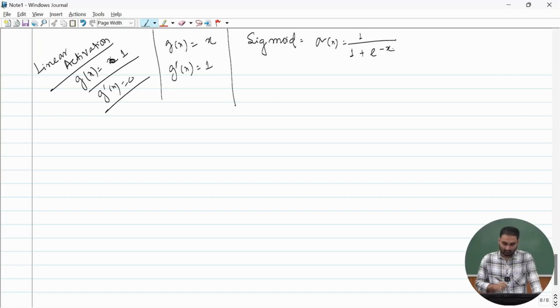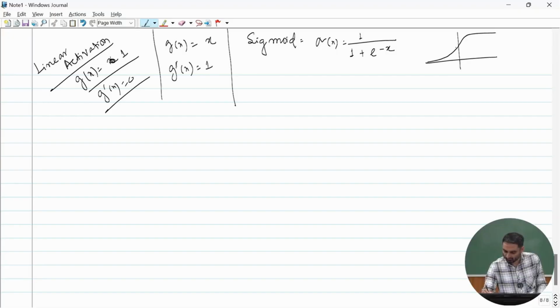And we know that the sigmoid squashes everything between 0 and 1. This is 0.5, this is 1, this is 0. Whatever input x you give, on the y axis is sigmoid x, and it always squashes everything between 0 and 1.